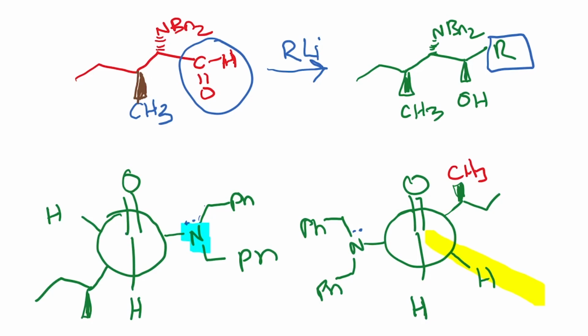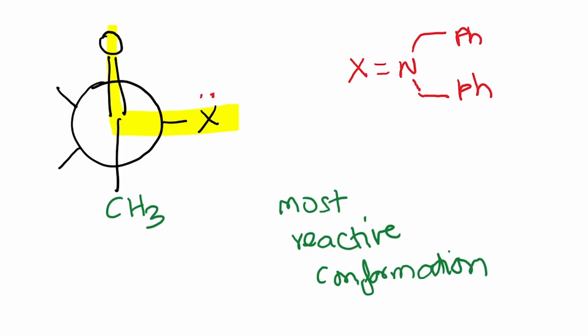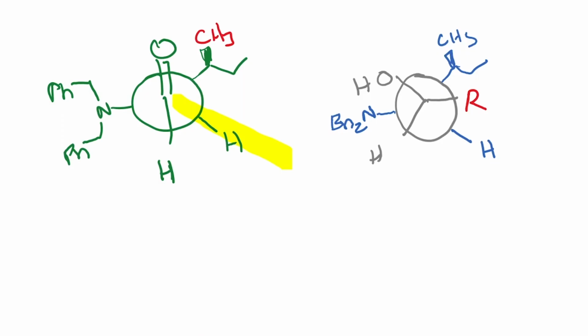Among the two conformations, the one with the yellow trajectory drawn here is the most favored, so this is the most reactive conformation and the attack would happen from here. The nucleophile is R minus. When R minus attacks here, the OH ends up going here and the hydrogen ends up going here, and the carbon-R bond is formed over here.